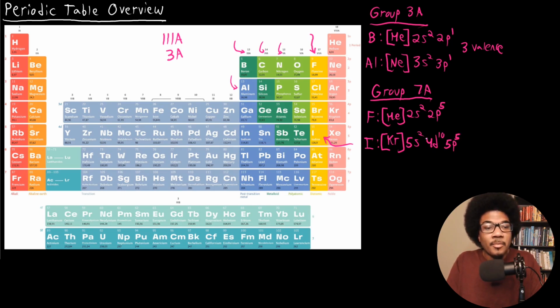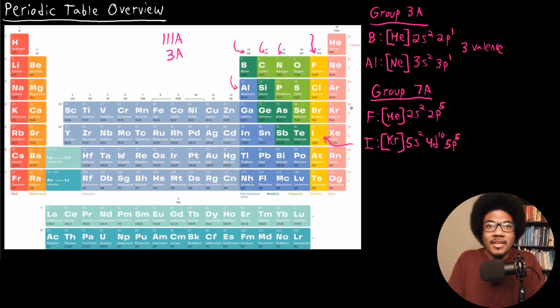Now, we discussed in the previous video that if you have a full d shell, then you don't count those electrons as valence electrons. So those 10 electrons in the d shell would not count. We only have 7 valence electrons here for iodine, putting it in group 7A.